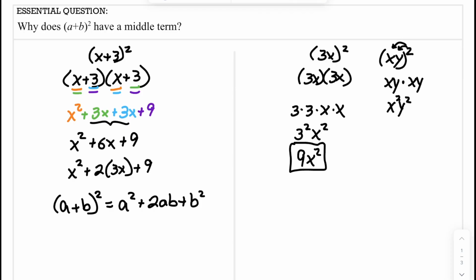So it's this first one squared, it's the second one squared, and then it's the a times the b doubled. So we would double that 3, make it 6, and we get 6x. So that's where that 2ab comes from.